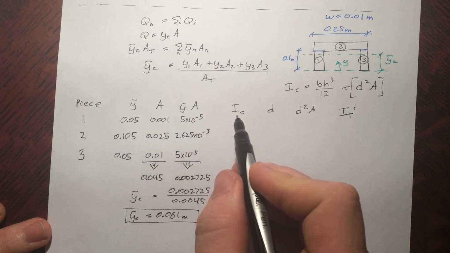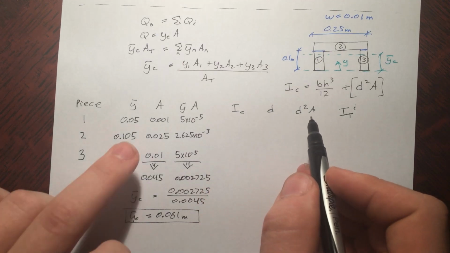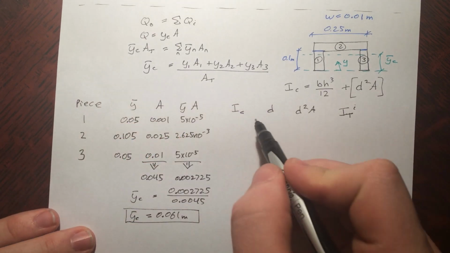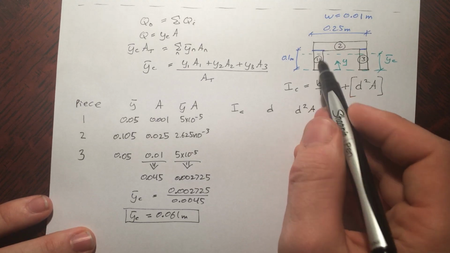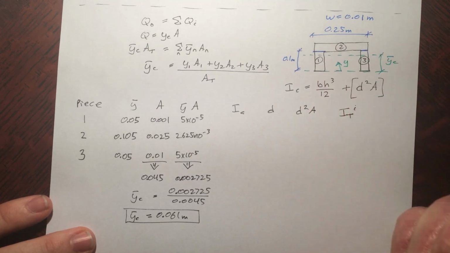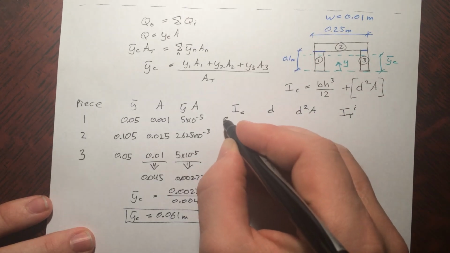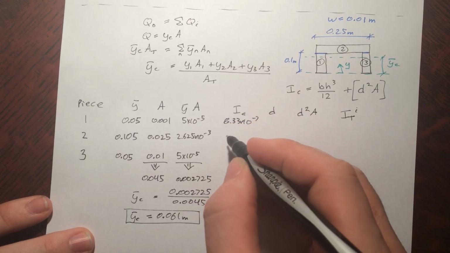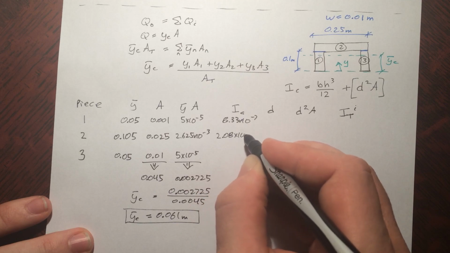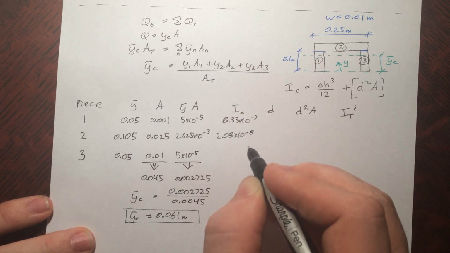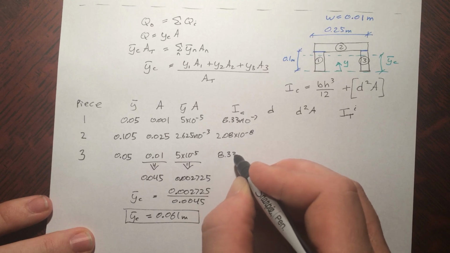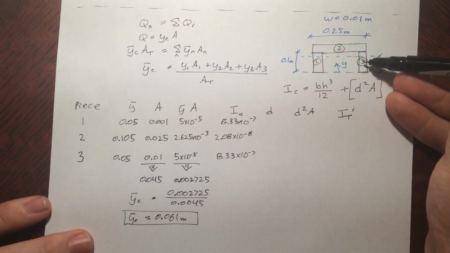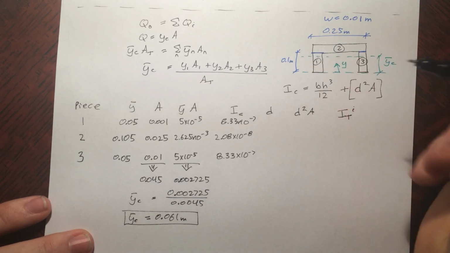Alright, so this is the moment of inertia about its centroid, the distance away squared times A, and then I add up the total moment of inertia for that individual piece. So using bh cubed over 12 and just plugging in for b and h, we get, and the distances here are going to be the locations of these centroids of our pieces away from this axis.